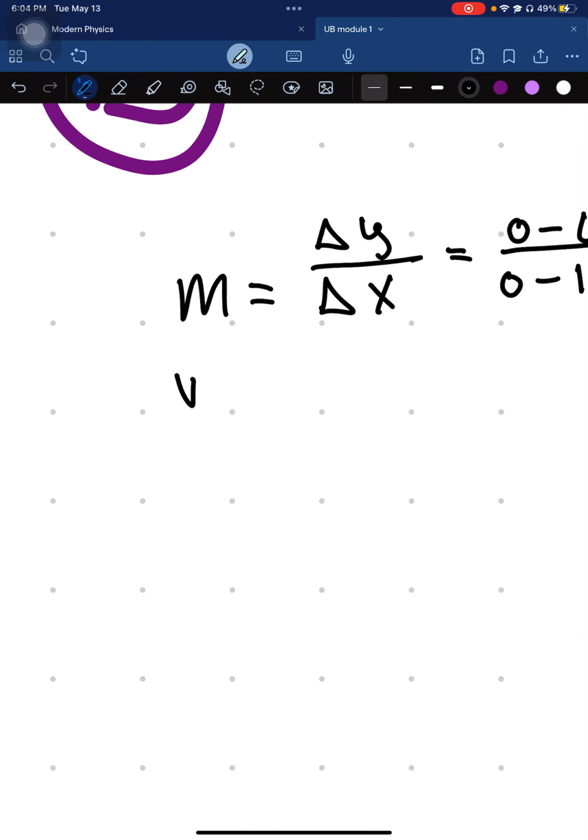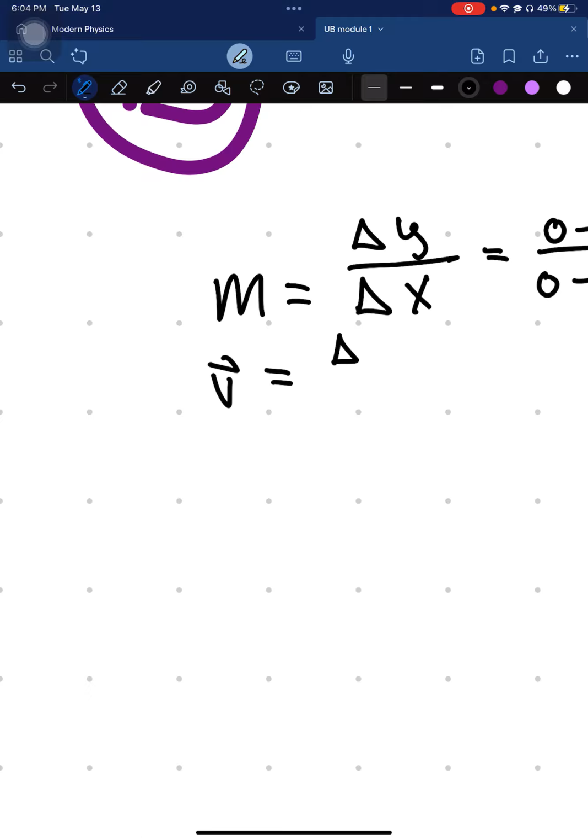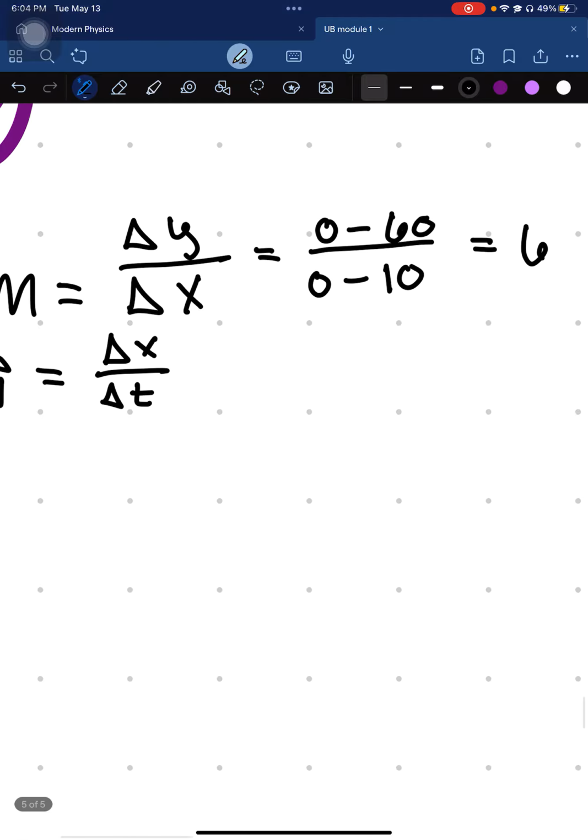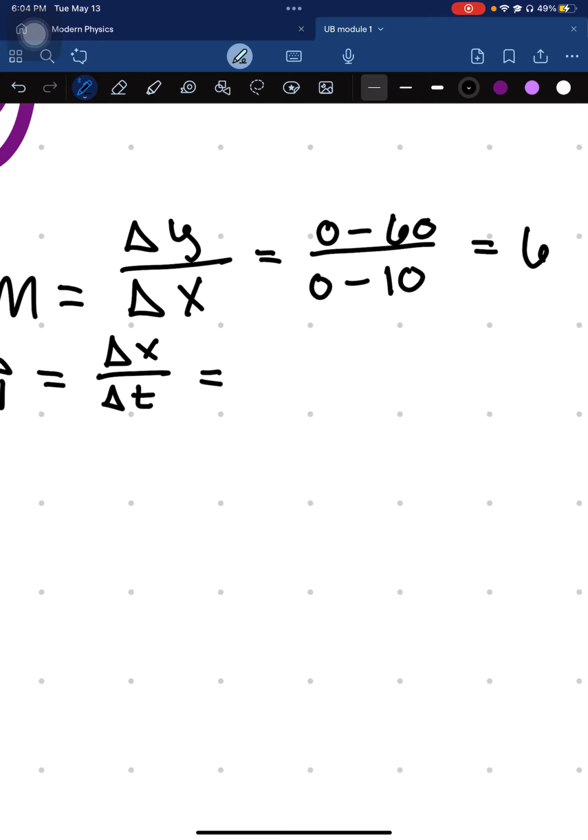Now for our velocity, we know our average velocity is a change in x over a change in t. This is looking very similar. Our change in position, well, that's on the y-axis. So it's going to be 0 minus 60 over our change in time, that's on the x-axis. So it's going to be 0 minus 10 equals a positive 6 meters per second.